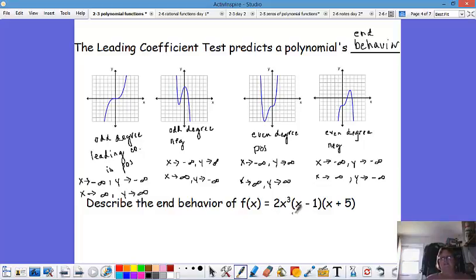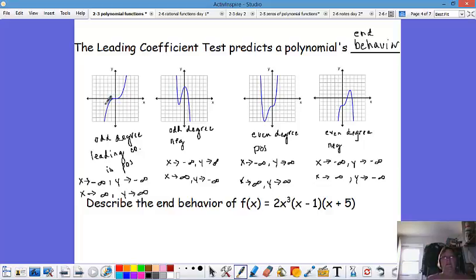I would point out to you, though, this is not all multiplied out. So before you start making up your mind, you've got to be thinking about what the power on x will be, whether it will be even or odd, and the sign of the leading coefficient. So if you were to multiply here, no negatives in front of the x's, I think we're positive here.